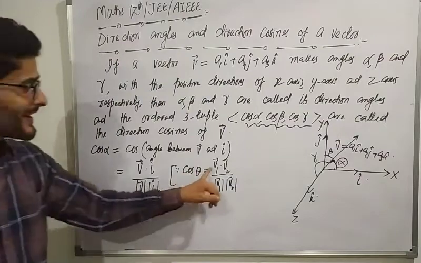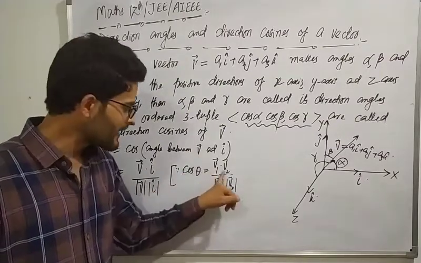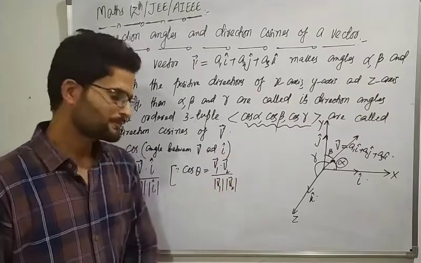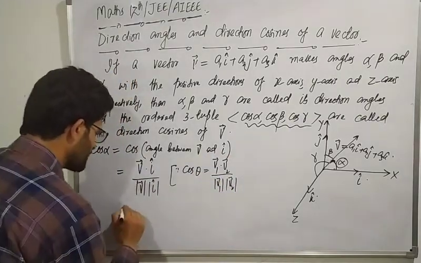And here instead of v1 we have v, and instead of v2 we have unit vector i cap. So that must be equal.